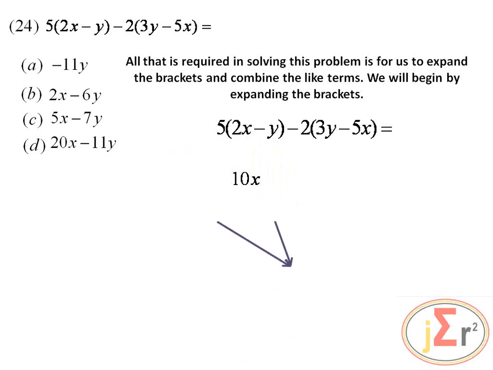Then what? 5 multiplied by a negative y, negative 5y. Then negative 2 multiplied by 3y, and that gives what? Negative 6y, and negative multiplied by negative is positive. So 2 5s 10. Negative 2 multiplied by negative 5x are positive 10x.